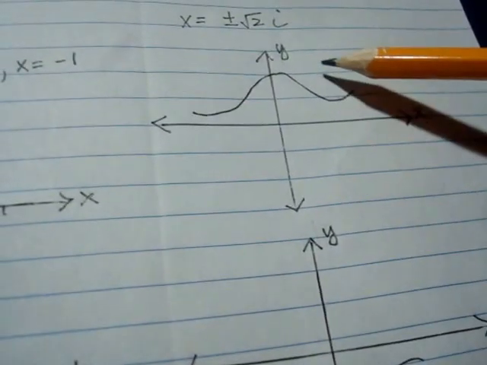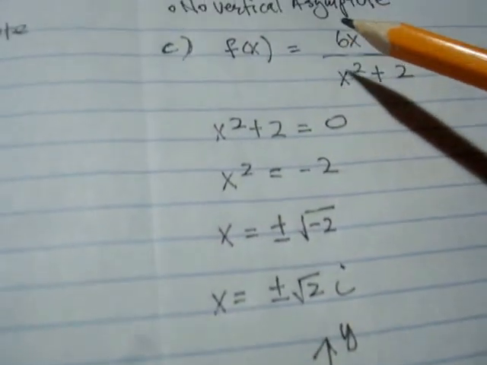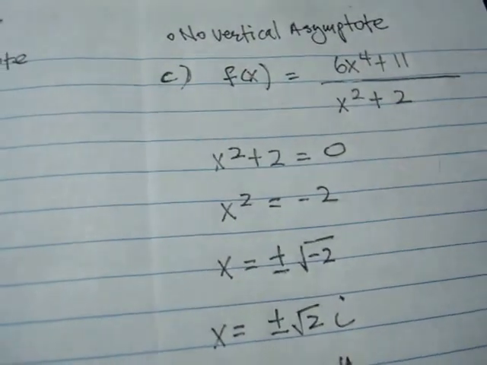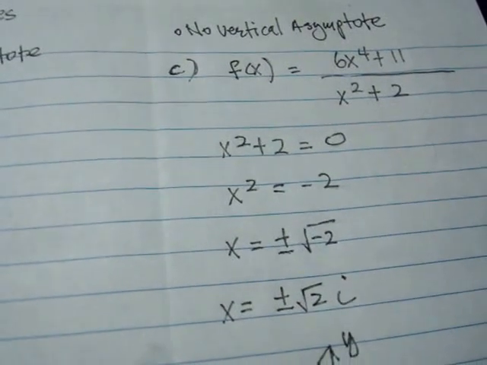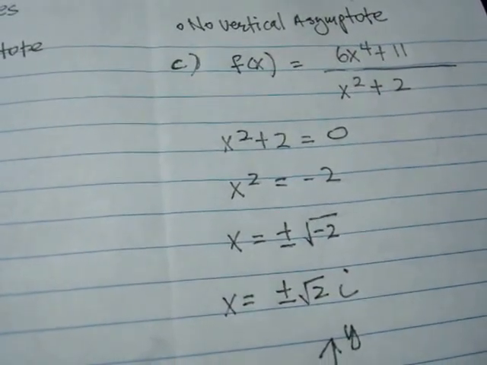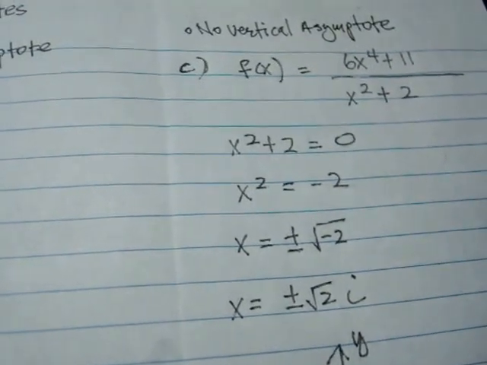So there will be no vertical asymptote for this particular type of problem. So these are the 3 examples of finding the vertical asymptote of a rational polynomial, a rational function.